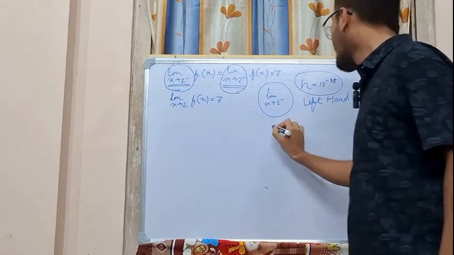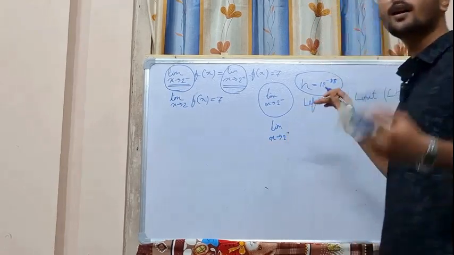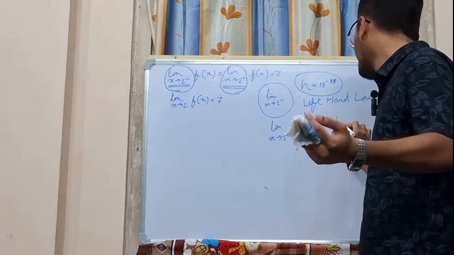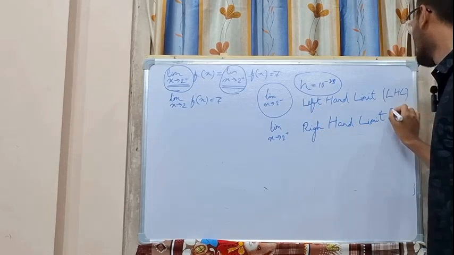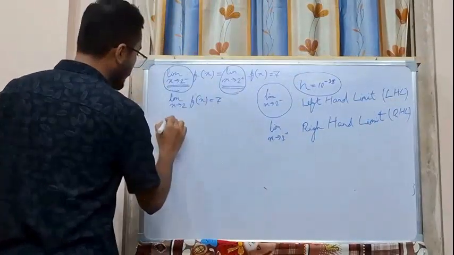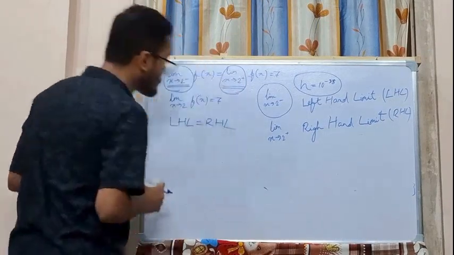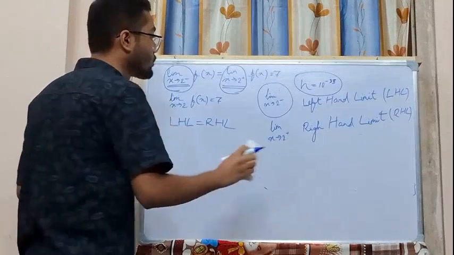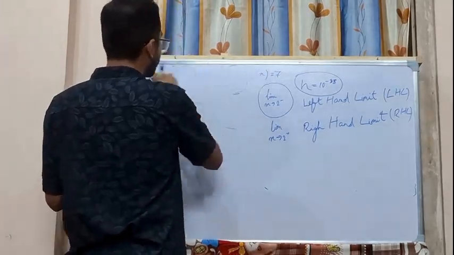And limit x tending to 2 plus will be called the limit from the right hand side, that means the right hand limit, that is RHL. Okay. When the left hand limit is equal to the right hand limit, we can say the limit exists.